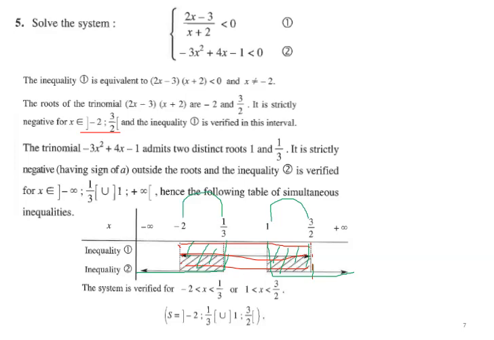And the second solution, I'm going to change the color so you can see the difference. The second solution is from minus infinity to 1 over 3 and from 1 to plus infinity. We look for the intersection part. The intersection part is here. So the solution is from minus 2 to 1 over 3 union 1 to 3 over 2.